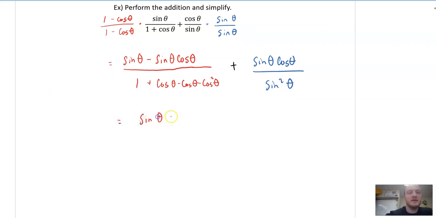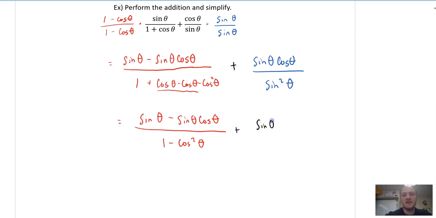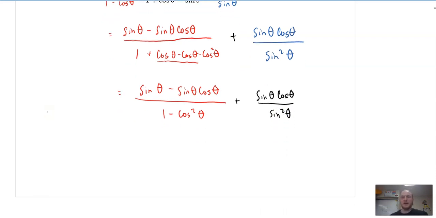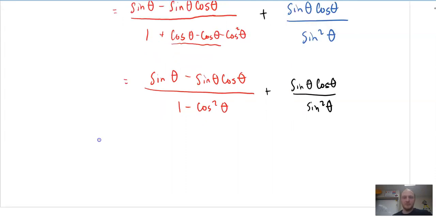Now we'll simplify some stuff. So again, sine theta minus sine theta cosine theta. And in the denominator, my middle two terms cancel. So we get 1 minus cosine squared theta, plus sine theta cosine theta over sine squared theta. And now what I hope you see is a Pythagorean identity. 1 minus cosine squared theta, and we've done this multiple times in this lesson.